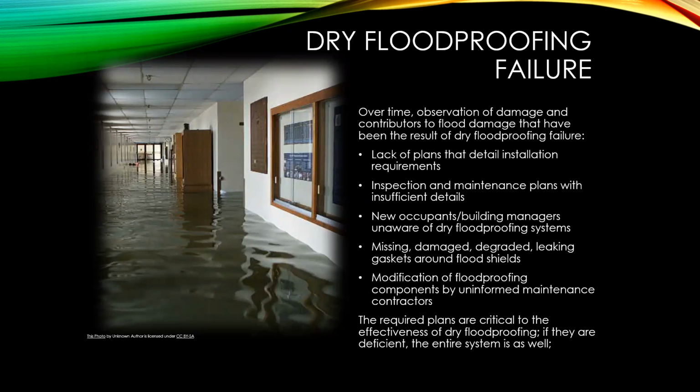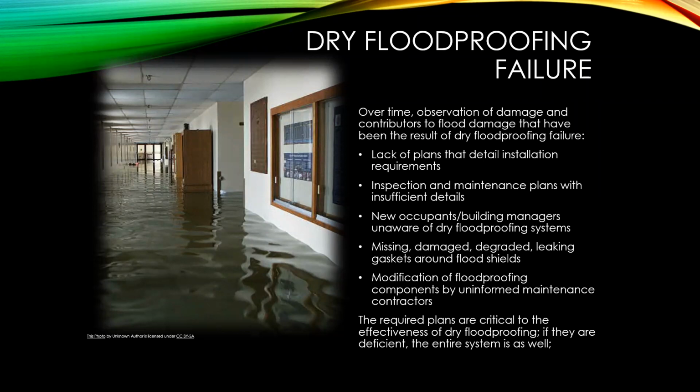So again, failure happened a lot, and that's why FEMA changed everything, required these plans, and really made it a very detailed engineering project. And so these are reasons for failure that they listed as sort of lessons learned in the technical bulletin 3.